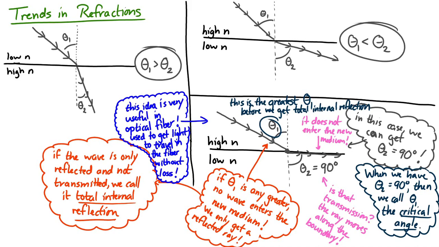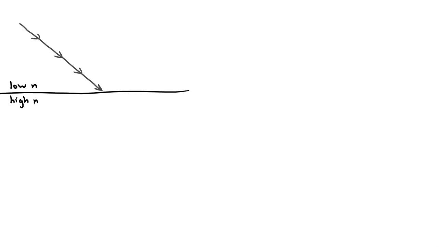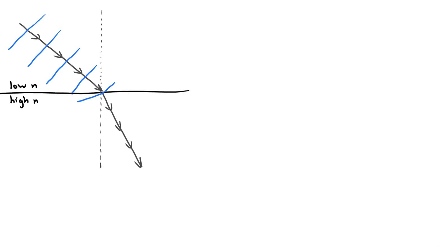Okay. I also want to draw another situation. I want to draw the situation where we have a wave going from low N to high N. Okay. I'm going to draw the rays. So that's old news. But now I'm going to draw in the wavefronts. So watch what happens. If I do that, remember, the guiding principle here when we're drawing the wavefronts is that they have to be perpendicular to the ray and they have to be equally spaced in that medium.